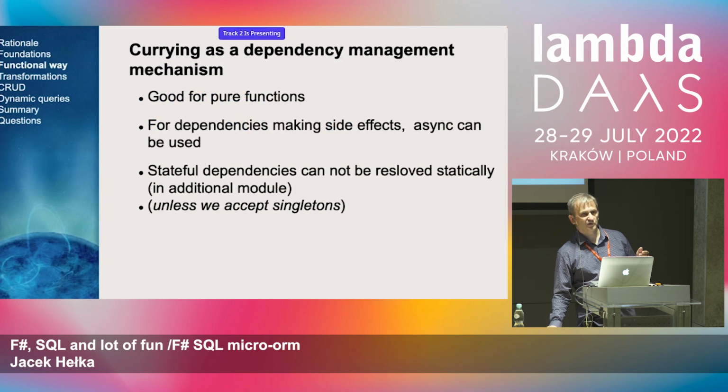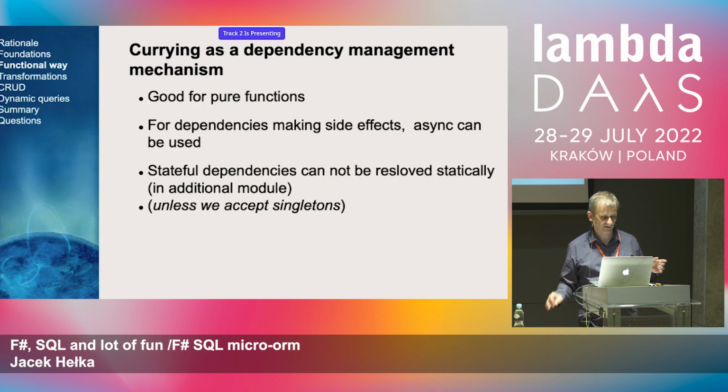And it works nicely, but not for stateful objects. It's perfect if our dependencies are pure functions. We can just use them. If dependencies cause side effects, we can make them async, and then our whole dependent function should be async too.